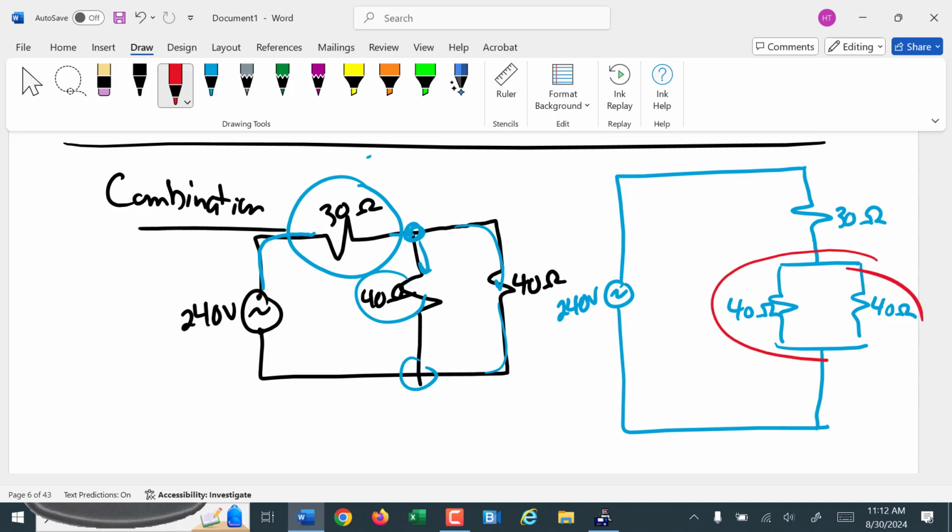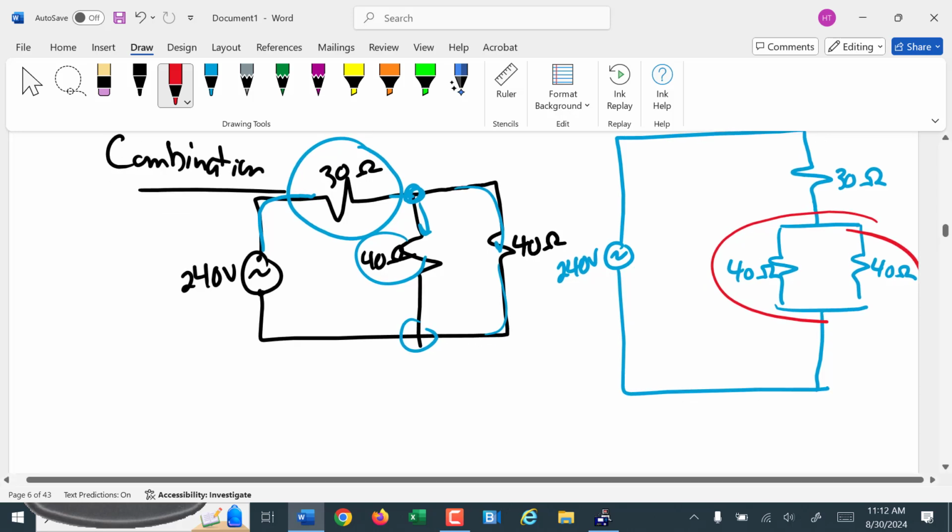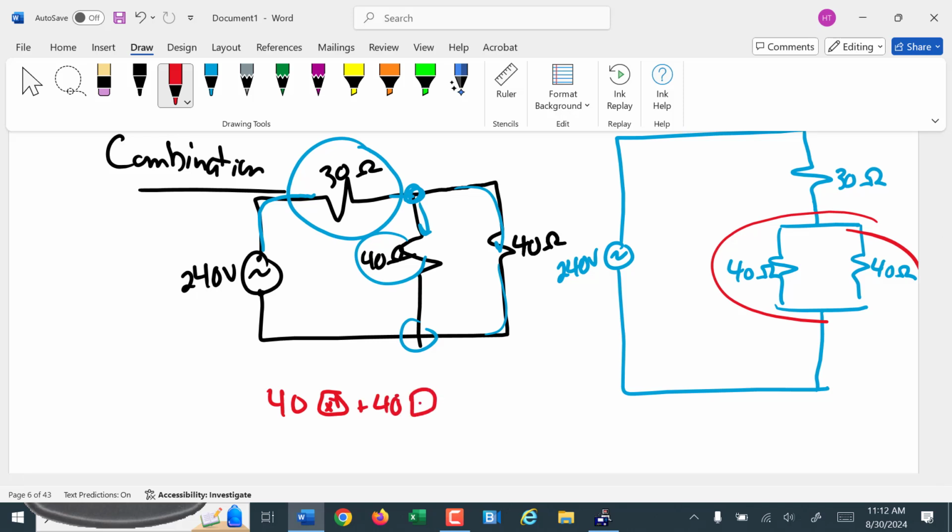I start out looking for anything that's in simple series next to each other that I can add. I don't have that here. Is there anything that's in simple parallel that I can combine? Yeah, these two are in parallel, right? So how do I add them together?